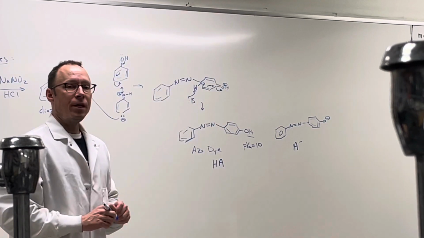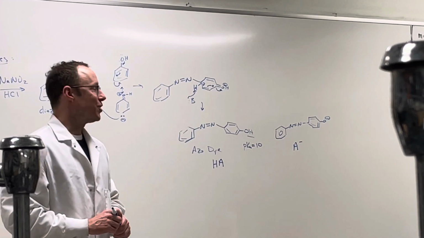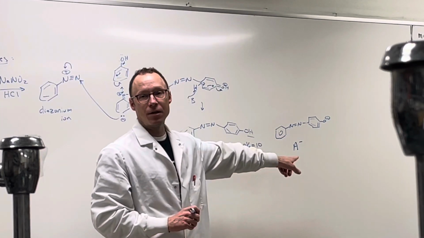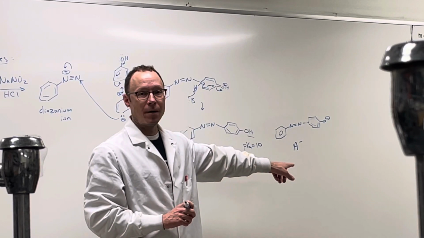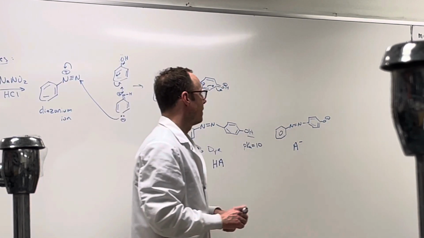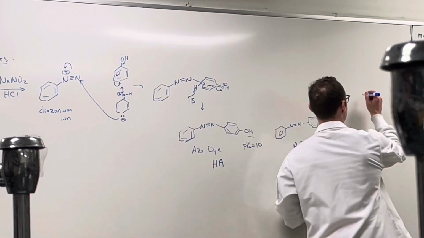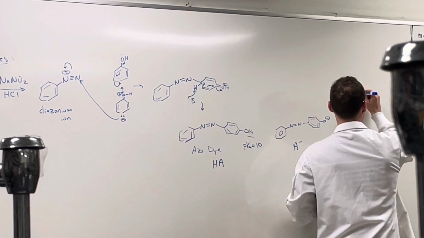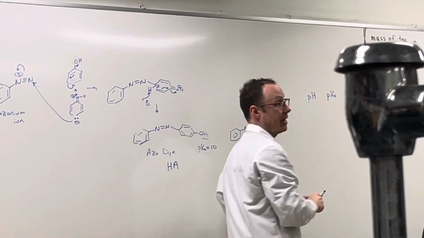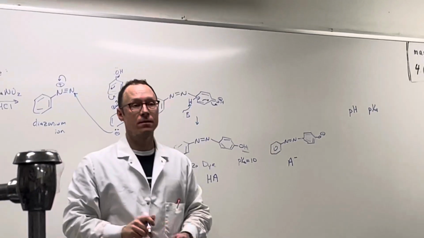Now, there's only one condition where the protonated and the deprotonated are going to be present in equal amounts. This has to do with the relationship between pH and pKa.